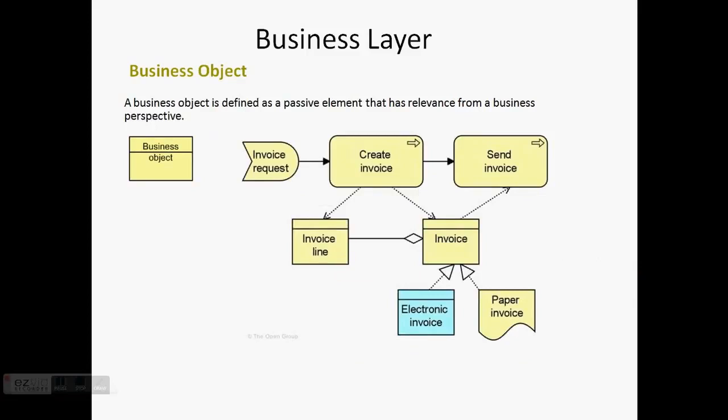Okay, so what's a business object? It represents the important informal or conceptual elements in which the business thinks about the domain. At the enterprise architecture abstraction level, it is more common to model types rather than instances.